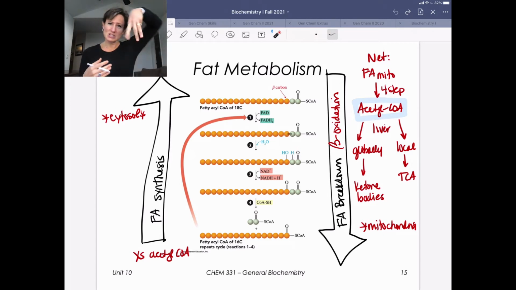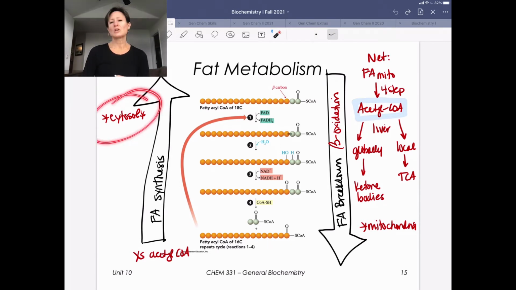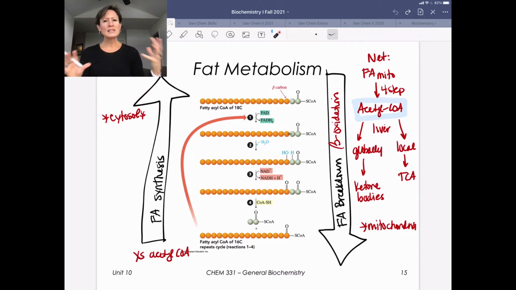Then those fatty acids are hooked together to make triglycerides, which are stored in adipose tissue. Highlighting, this process occurs in the cytosol. A really important regulatory mechanism for cells to determine what's going on is to differentiate based on cytosolic versus mitochondrial, and that's highlighted here with fat metabolism.